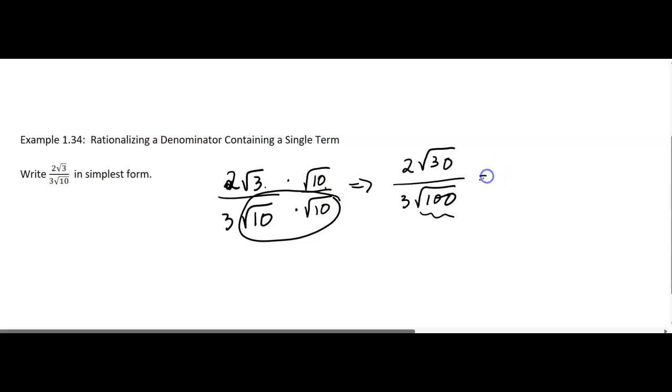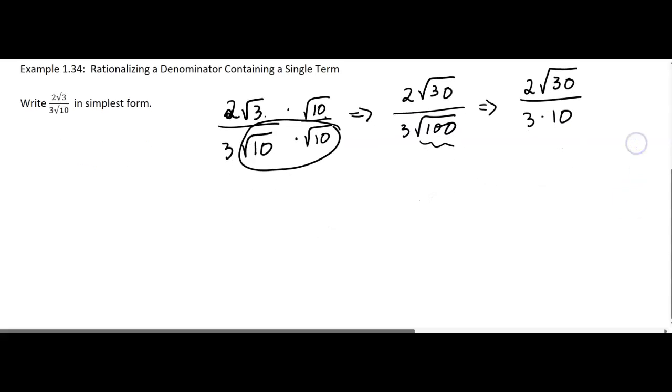All right, so now I'm going to have 2 square root 30 over 3 times 10, okay? Now I'm not quite done. I'll have 2 square root 30 over 30.